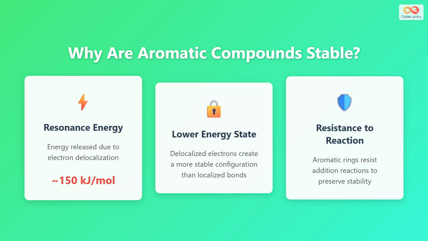Third, aromatic rings strongly resist reactions that would destroy their aromatic character. This resistance to addition reactions is a defining characteristic of aromatic compounds, as they preferentially undergo substitution reactions to maintain their stability.